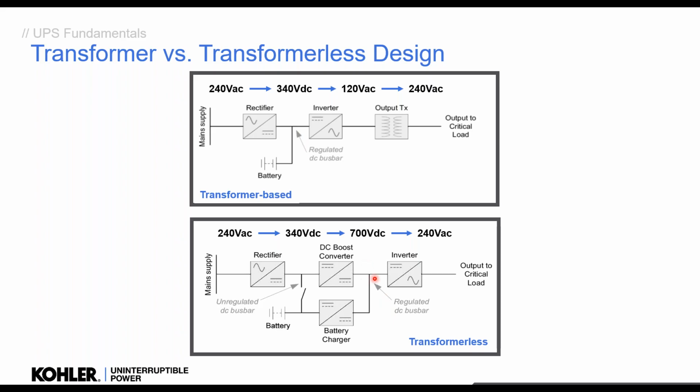Modern transformerless UPSs have a high DC bus where we can make the output voltage without a transformer. The majority of UPS manufacturers are supplying transformerless UPSs now, and we'll look at the requirements and the differences as we go through, so we understand.